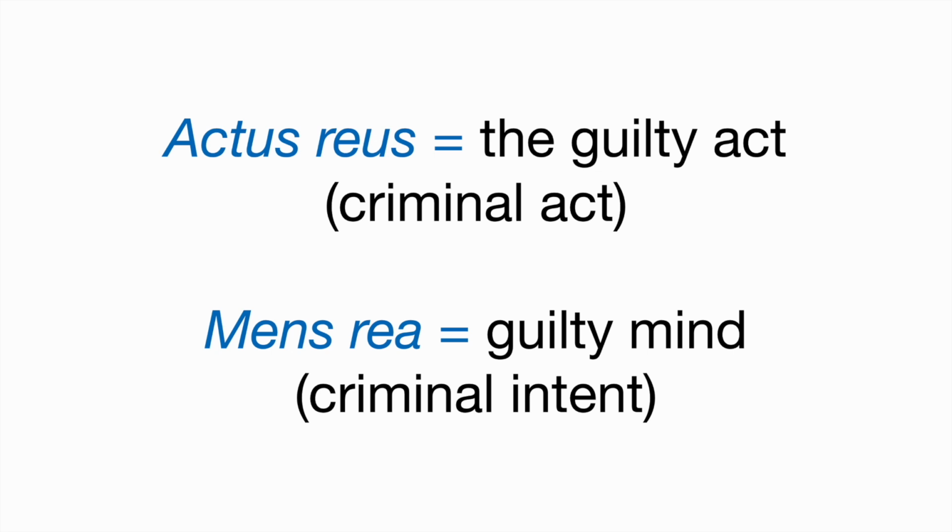In other words, they intended to do the wrong act, the wrongful act. So actus reus is the guilty act or criminal act. Mens rea is the guilty mind or criminal intent.